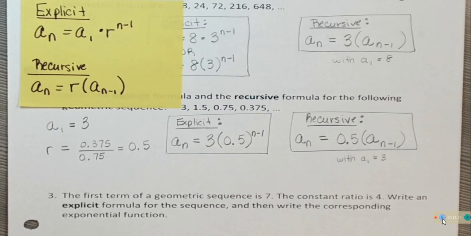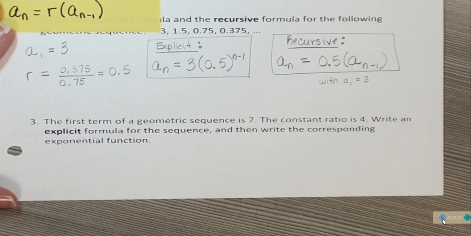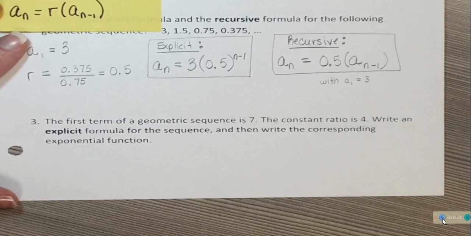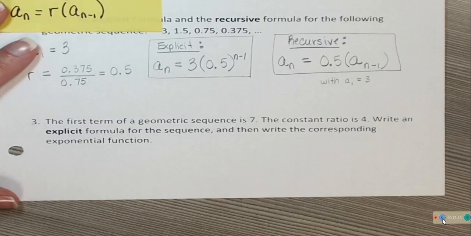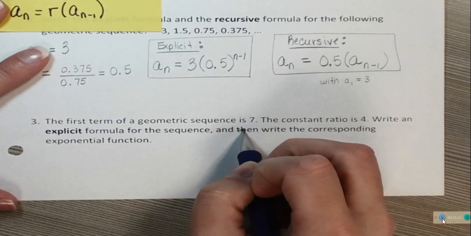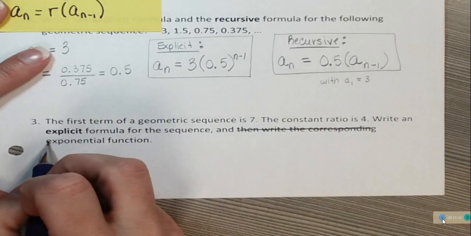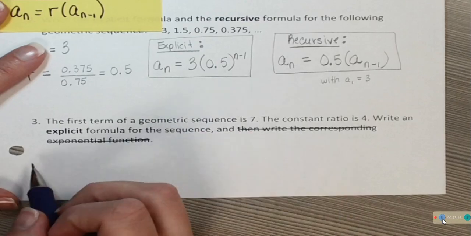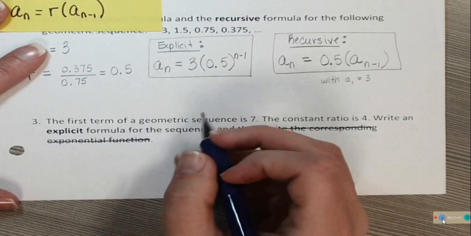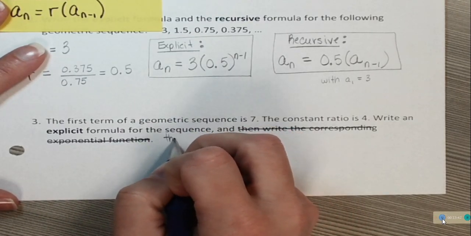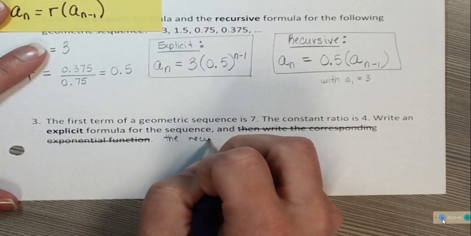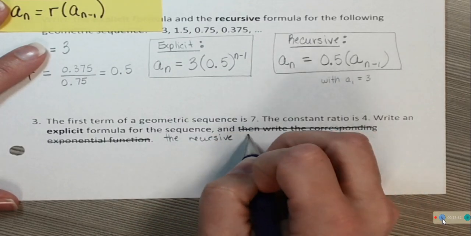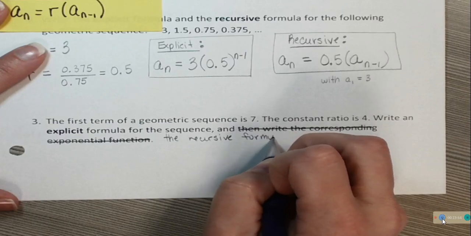All right, I'm going to change up number 3 just a smidge. Okay? I want you to just mark through write the corresponding exponential function. That's just not going to help you. It actually confused my other class, so I don't want to do it with you. And I want you to change that to write an explicit formula for the sequence and the recursive sequence formula or rule.